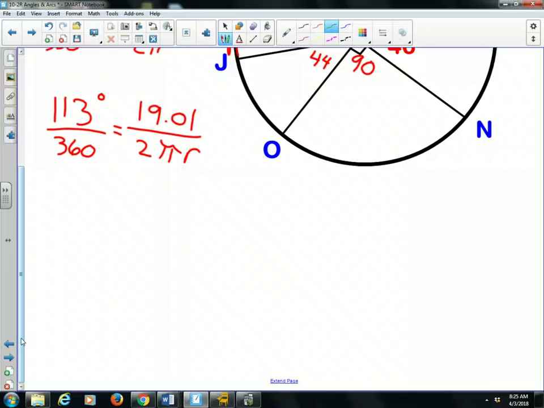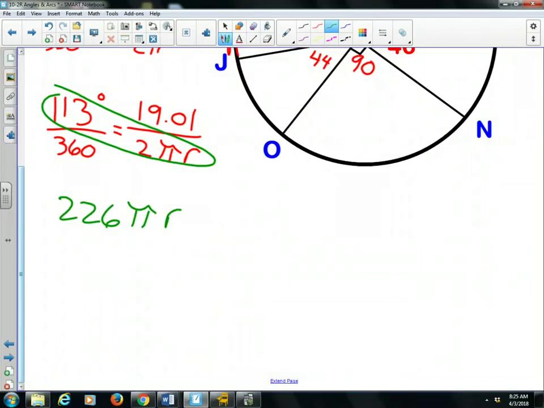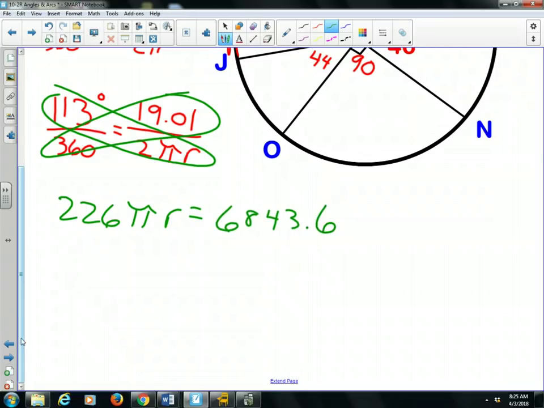So if we take 113 times 2 and times pi, we would get 226. 113 times 2 is 226 pi r. That equals 19.01 times 360, which gives us 6843.6 when you cross multiply 360 times 19.01.